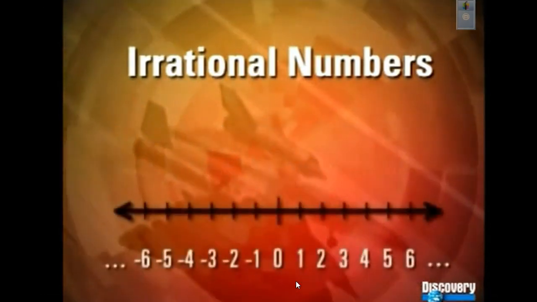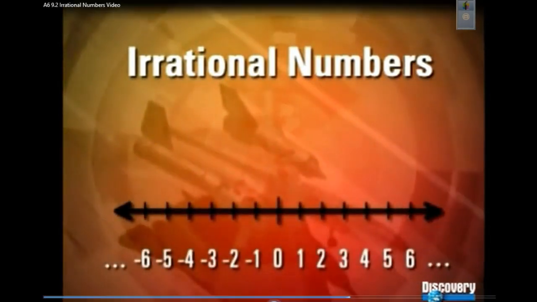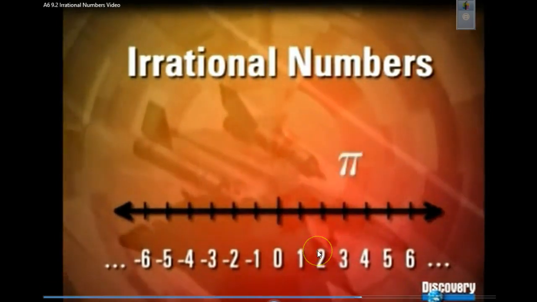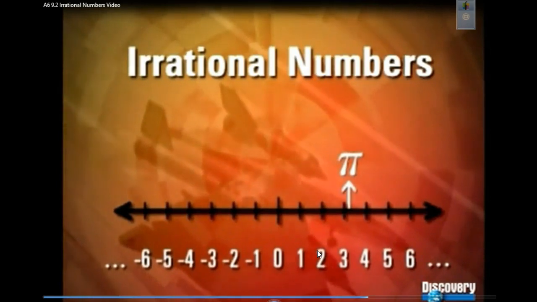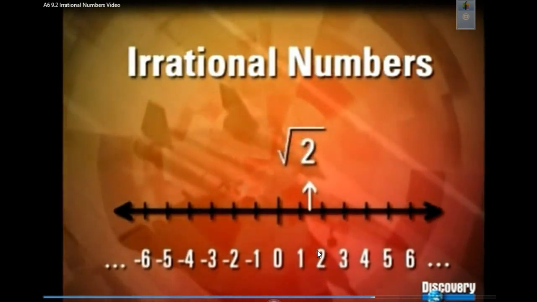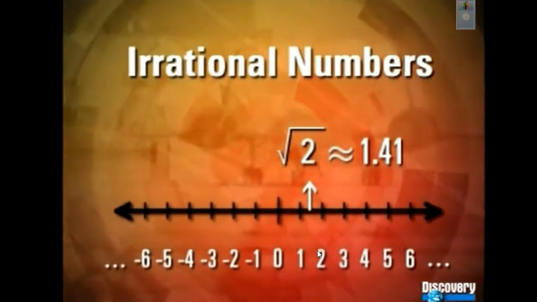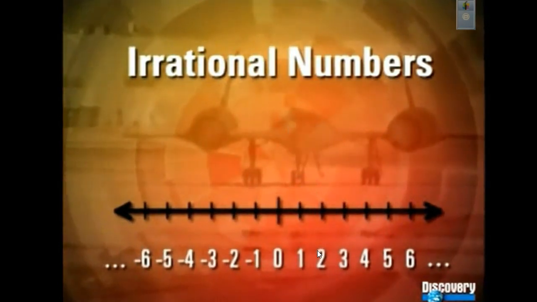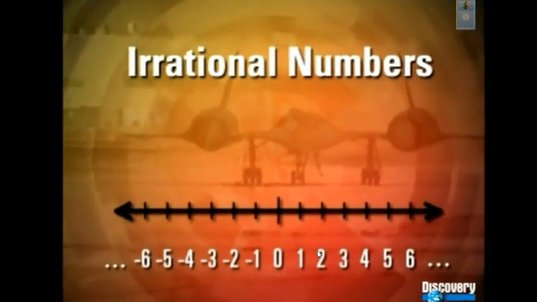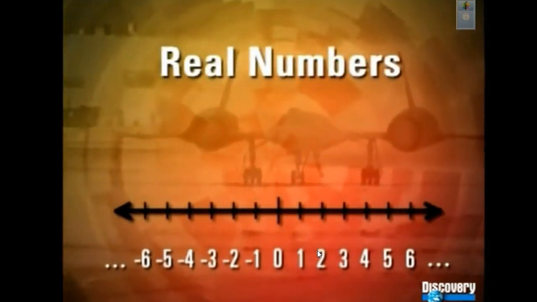Irrational numbers are numbers that cannot be written as the ratio of two integers. They can be considered to have a place along a number line. The square root of 2 is another irrational number, near 1.41 on a number line. The combined set of all irrational and rational numbers is the set of real numbers.